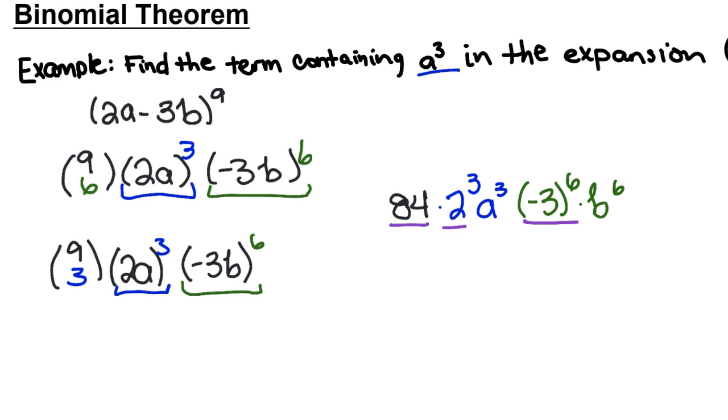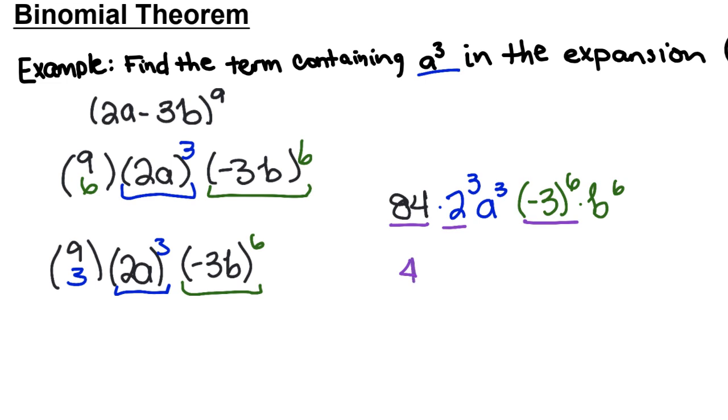So 84 times 2 cubed times negative 3 to the 6th. Well, I know if I'm raising it to a positive power that I'm not going to need the negative there. So that's a big number.